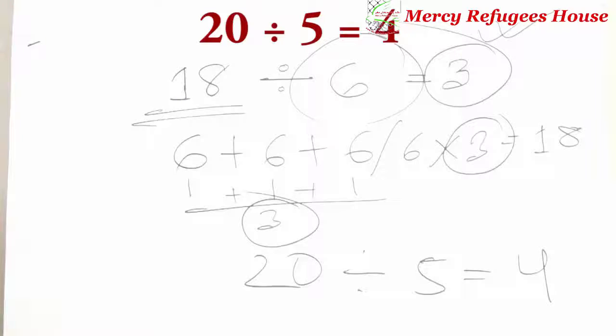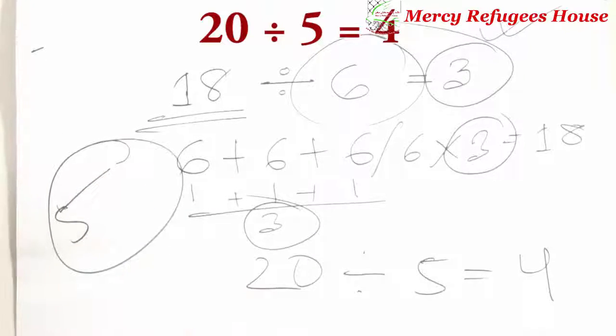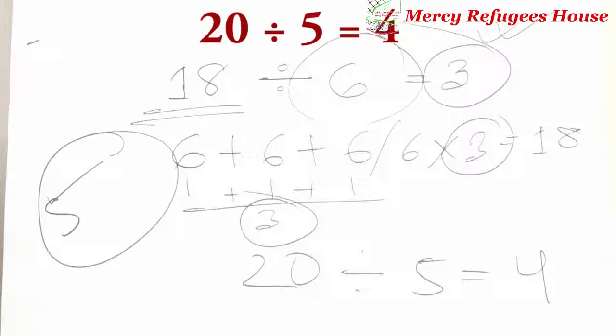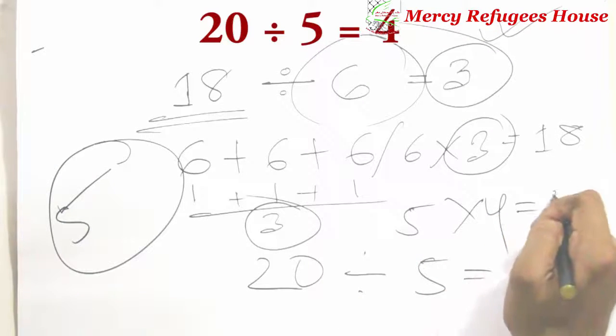Now what multiplication table are you going to use? You are going to use the multiplication table of 5. Do you remember 5 times 1 equals 5, 5 times 2 equals 10, 5 times 3 equals 15 and 5 times 4 equals 20. So 5 times 4 equals 20.